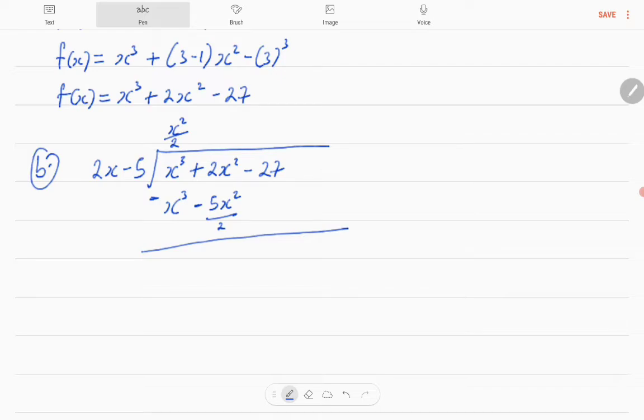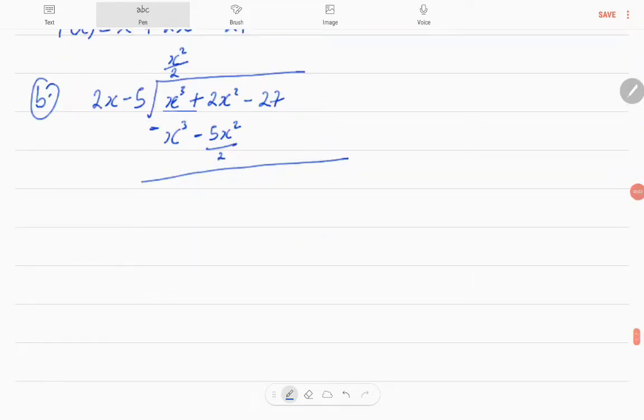So x³ minus x³ gives you 0, and the minus affects this minus here, you change it to plus. So you have 2x² + 5x²/2. When you add it, you have 9x²/2 − 27.